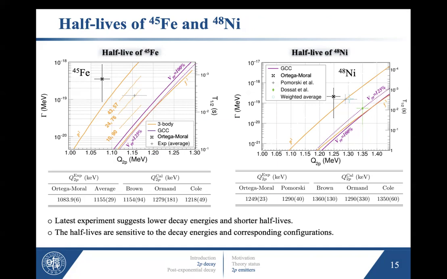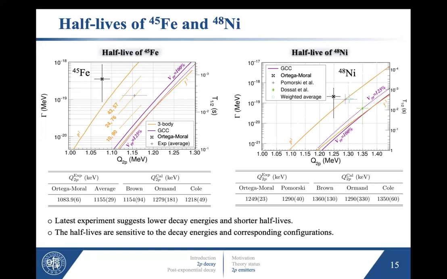Our calculation suggests that iron-45 has little P-wave component, so it's close to the F-wave limit. But nickel-48 is more like a pure F-wave configuration.